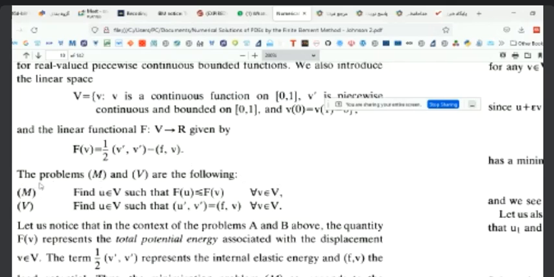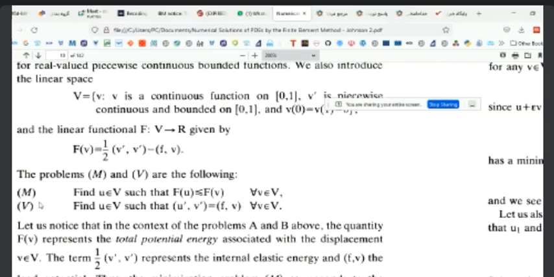The problem M tells us to find a u from the above linear space of functions such that F(u) is less than or equal to F(v). The definition of F is in the previous line, which is highlighted here.